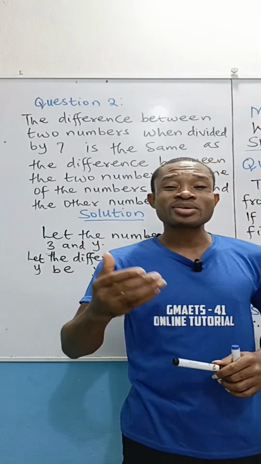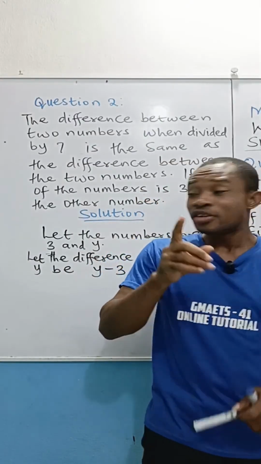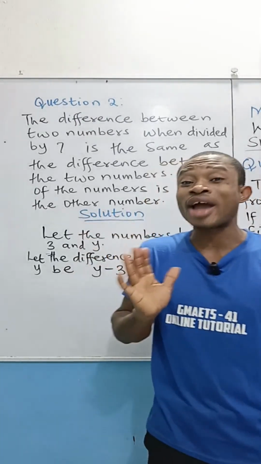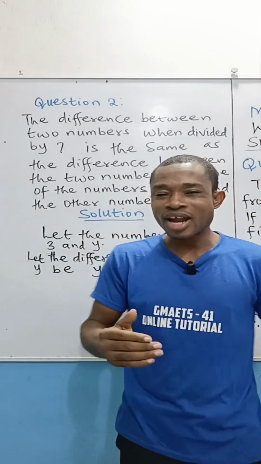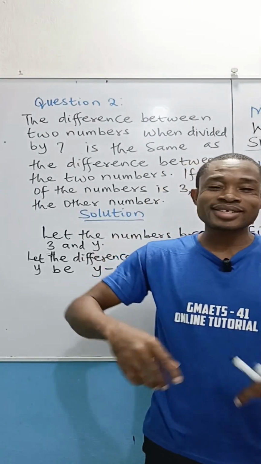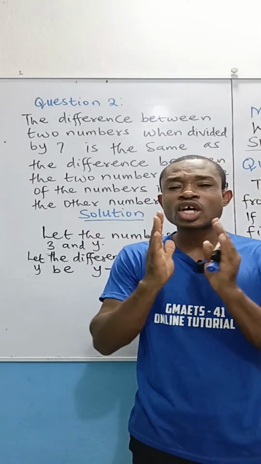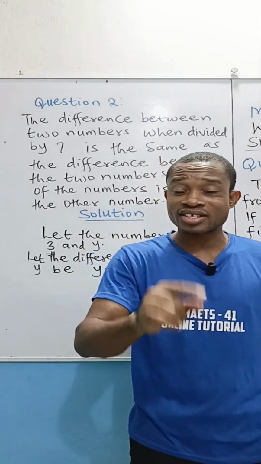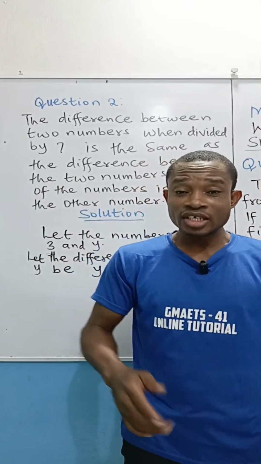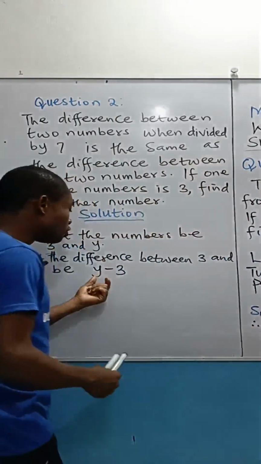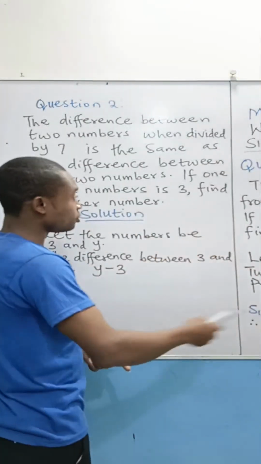You could still decide to write it as 3 minus y. The reason I decided to write y minus 3 is because I don't know what y is yet. It is possible that y is greater than 3 or less than 3, or that y is the same as 3. Because we don't know what y is, I write it first, then subtract 3 from it. It is best to do it that way. Write the unknown first, then minus the one you know.